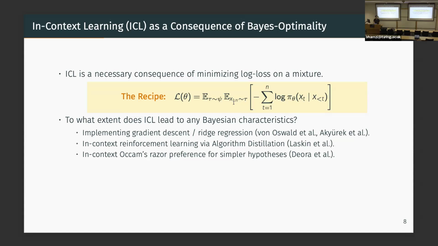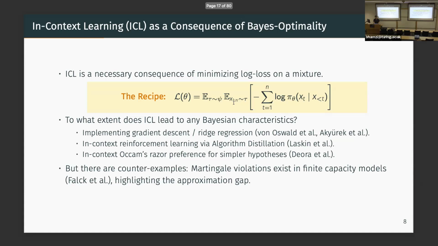People have been talking about in-context learning giving you a very nice Bayesian predictor. But there are also counterexamples. If you take a pre-trained transformer sequence predictor, there are cases where the predictions don't behave in a Bayesian-consistent way. Here is one example, and there is also a lot of literature showing non-Bayesian behavior of neural networks.